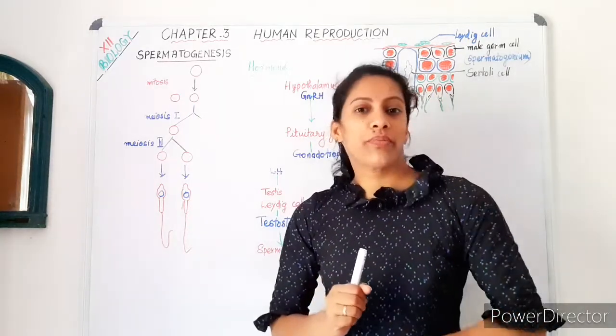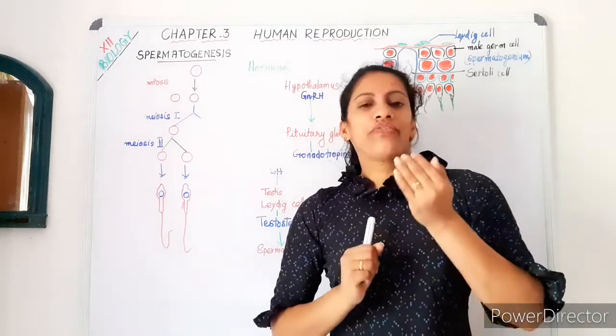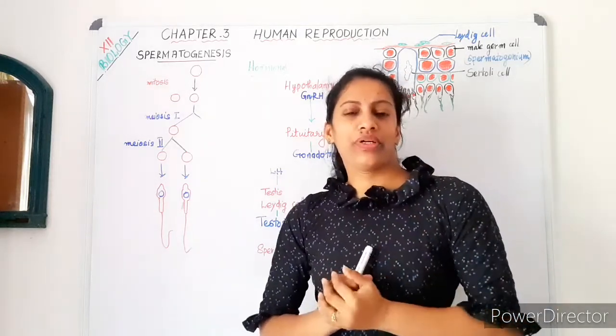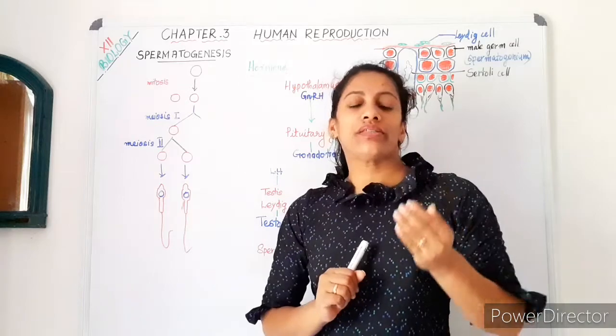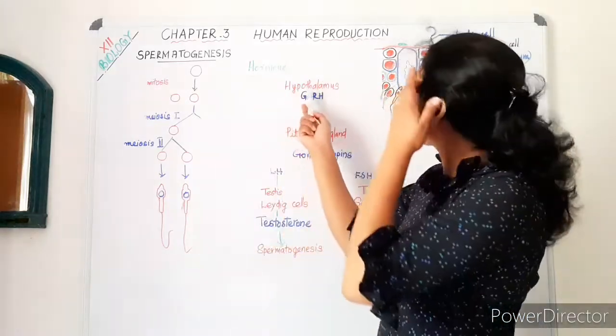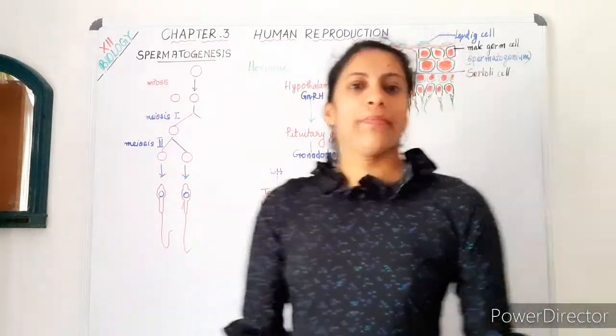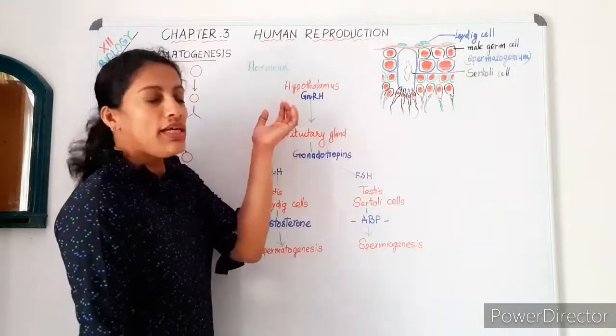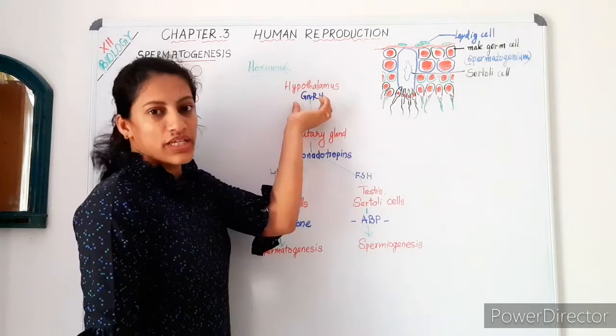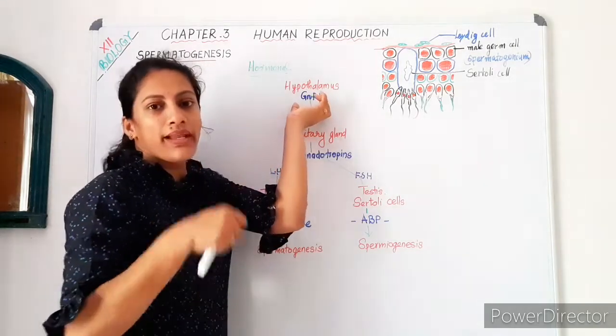Spermatogenesis begins from puberty. At the time of puberty, there will be an increased secretion of gonadotropin releasing hormone from the hypothalamus. Keep in mind, during puberty there will be more secretion of GnRH in a male body.